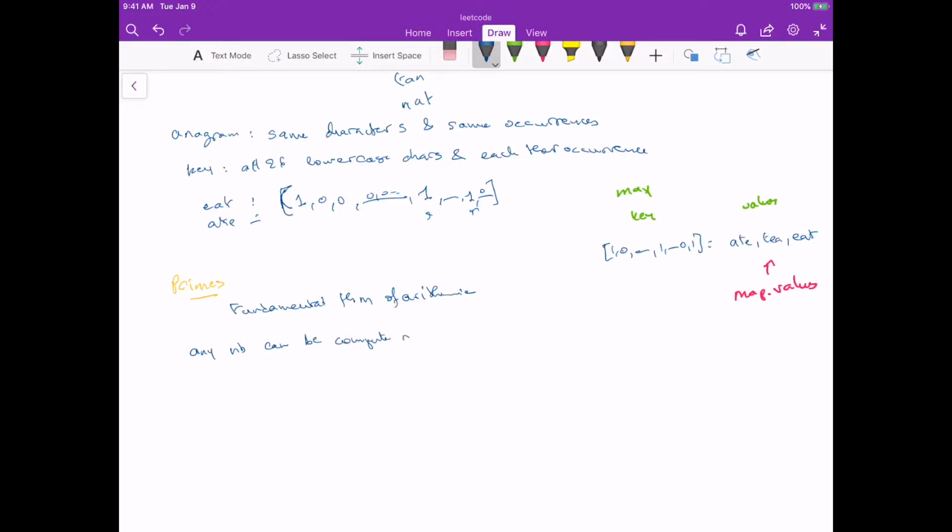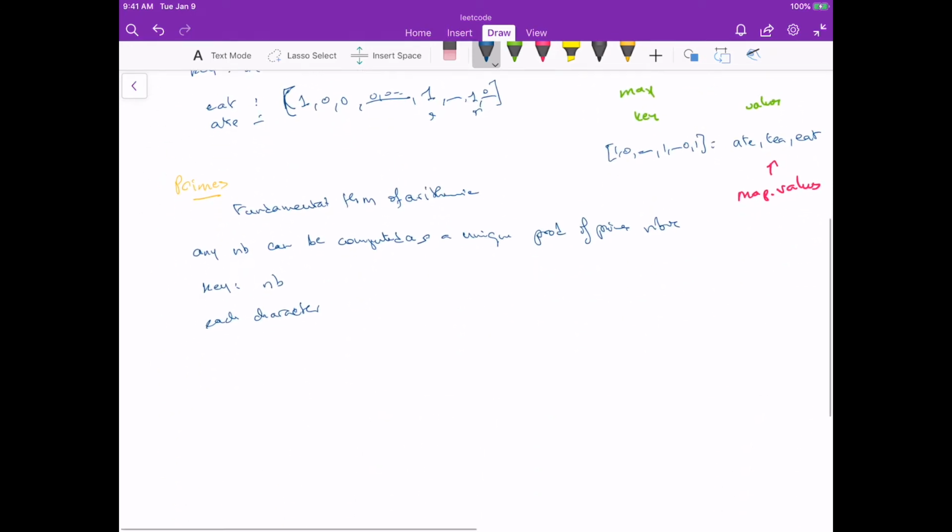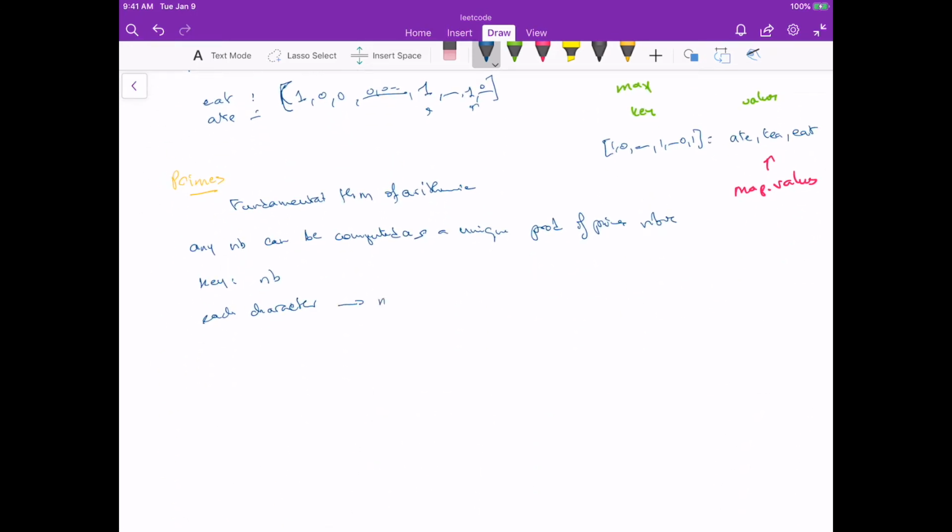And so what we are going to do here is represent our key as a number, and each character of the strings that we have here will be mapped to a prime number. For each occurrence of that character, we will multiply by that prime value.